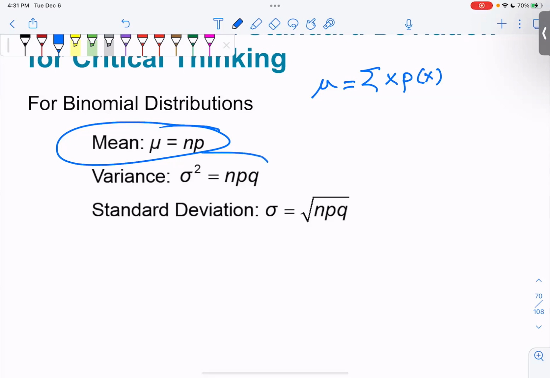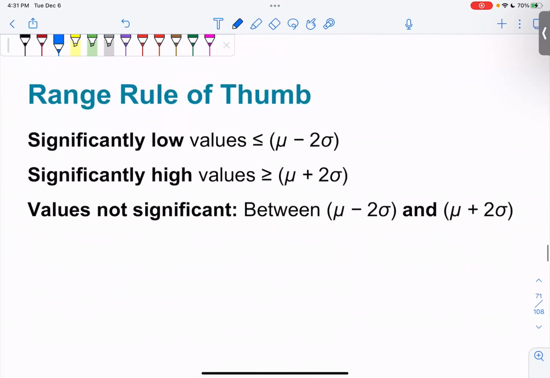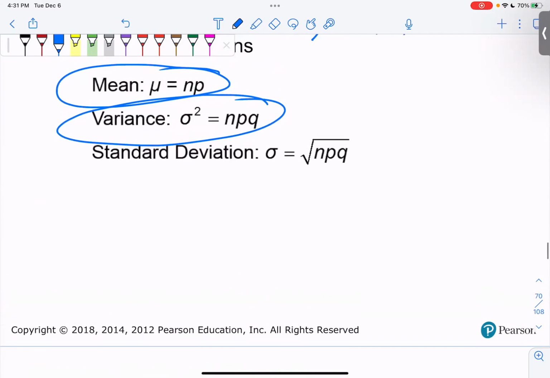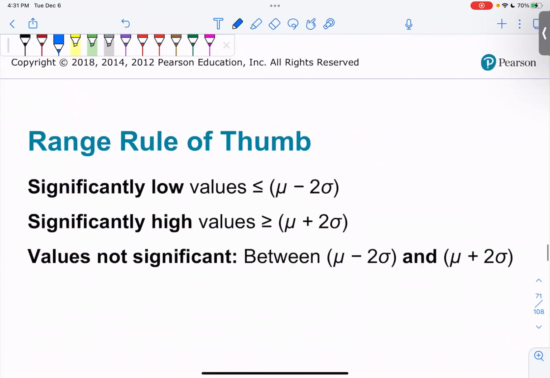And for variance, it is n times p times q, where n is the number of trials, p is the probability of success, and q is the probability of failure. If you take the square root of the variance, you get the standard deviation.